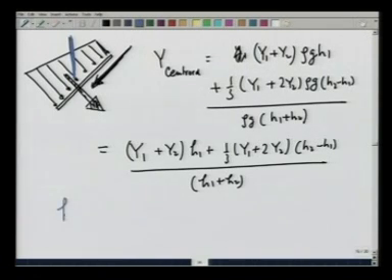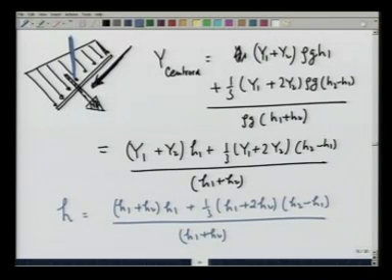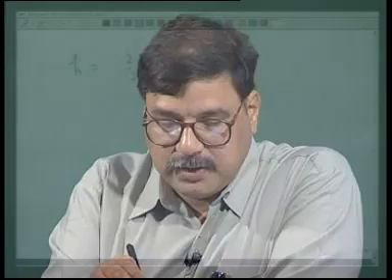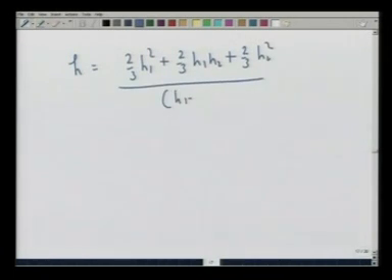So, that depth h is going to be h1 plus h2 times h1 plus 1/3 h1 plus 2 h2 times h2 minus h1 divided by h1 plus h2, which when worked out comes out to be h equals 2/3 h1 square plus 2/3 h1 h2 plus 2/3 h2 square divided by h1 plus h2.